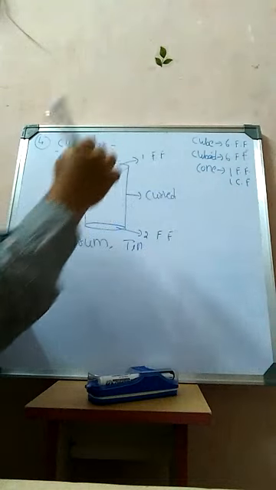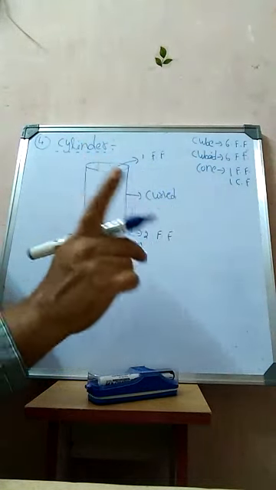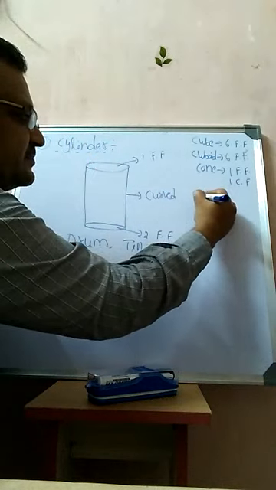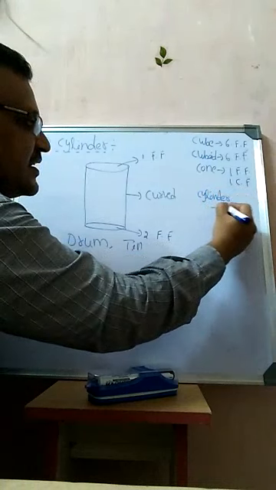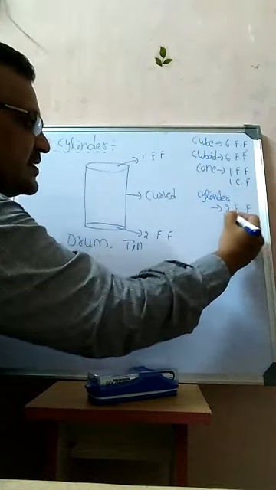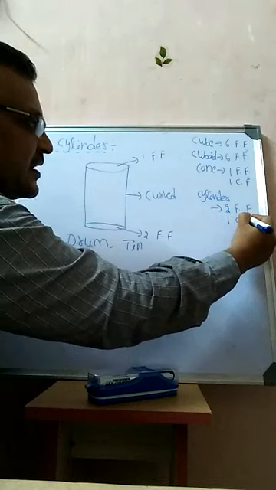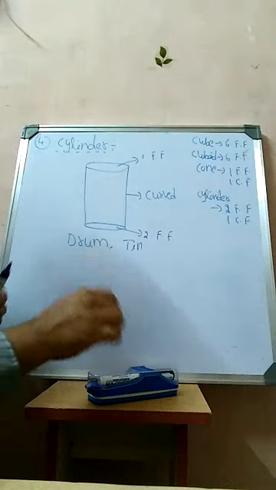Flat faces it has 2 and curved face 1. So a cylinder has 2 flat faces, 1 curved face. And the next one is sphere.